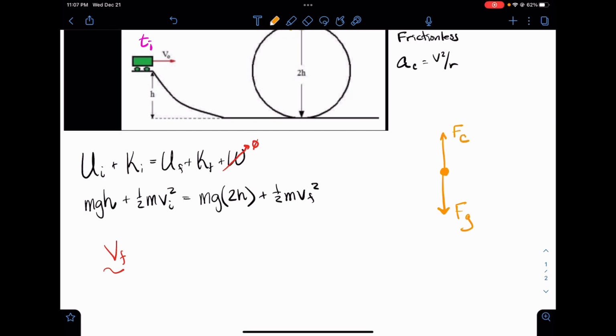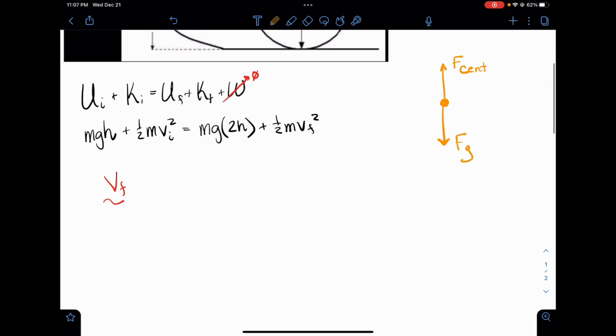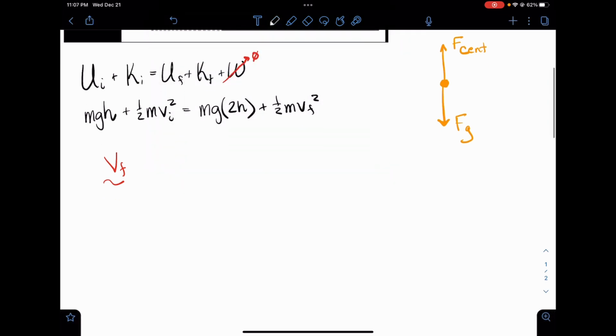This is the centripetal force. It's not a real force, i.e. something being applied to the system. It's like a pseudo force, I think is the term for it, but you can still mathematically work it into your equation. So if we start from this point, we know that our centripetal force equals our gravitational force.